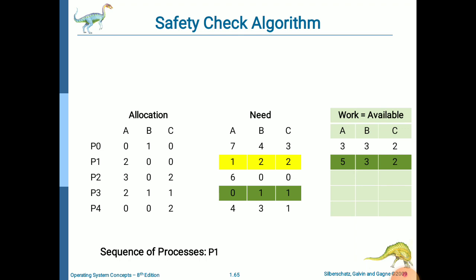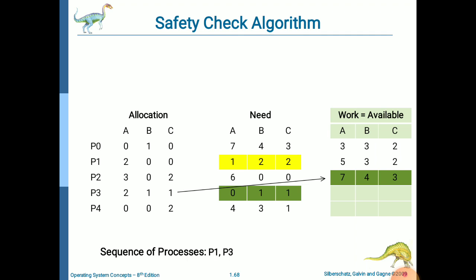In the sequence of processes, we'll write P3, then we get back the allocated resources for P3, added with the available resources. So 5 plus 2 is 7, 3 plus 1 is 4, 2 plus 1 is 3. So now the available resources are 7, 4, 3.